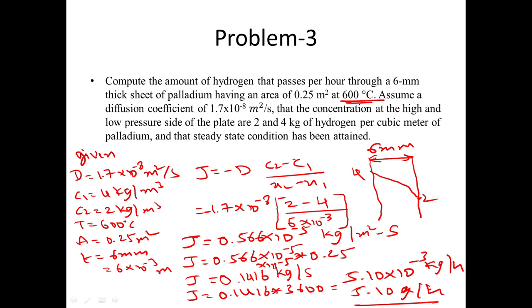Okay. So one question that I want to ask here: if you are changing this 600 degrees Celsius, for example, this 600 is changed to 700 degrees Celsius, what will be this J value?